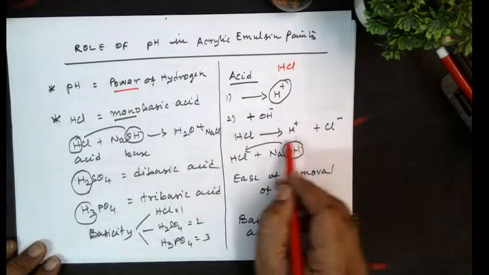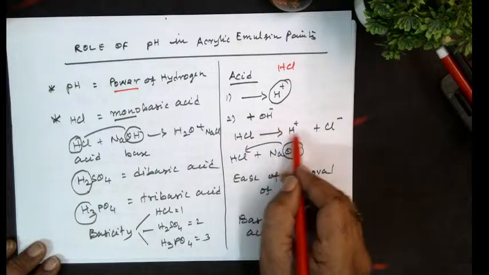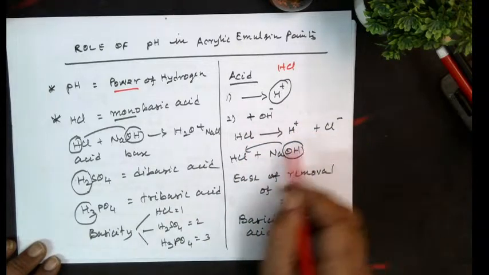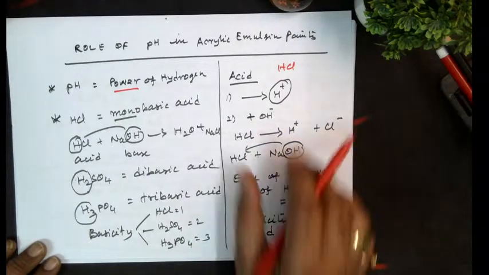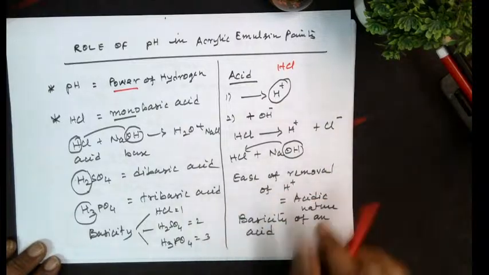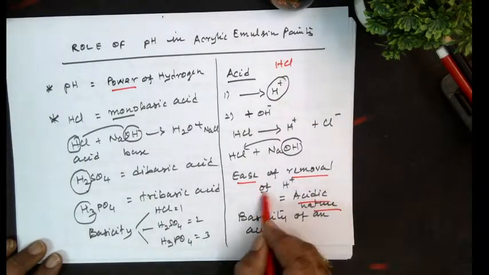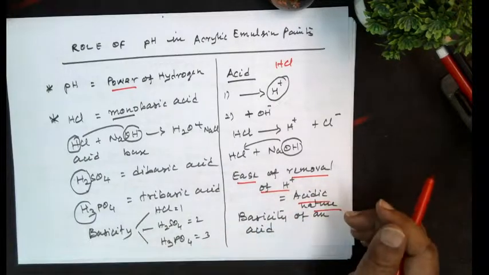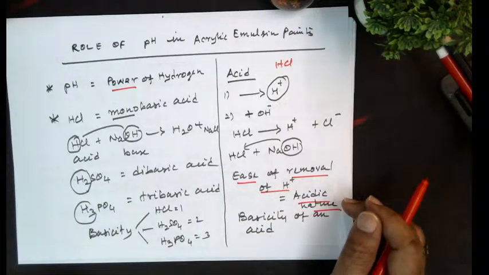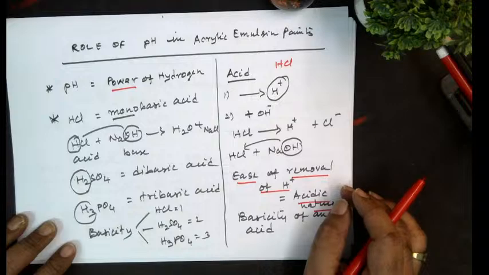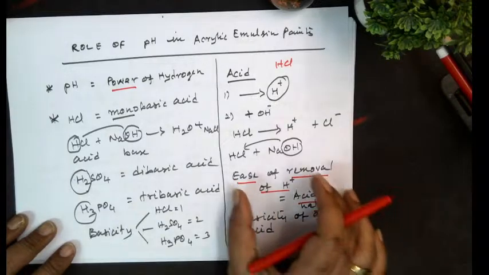So this HCl is capable of releasing H+, and that is why it is called an acid. So acidic nature is nothing but ease of removal of H+. That is how easily the proton or the H+ can be removed from the reagent. So that indicates the strength of that acid.